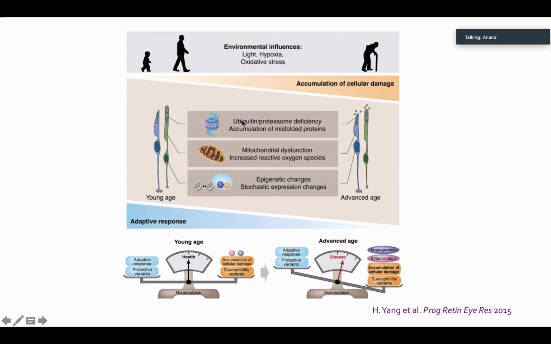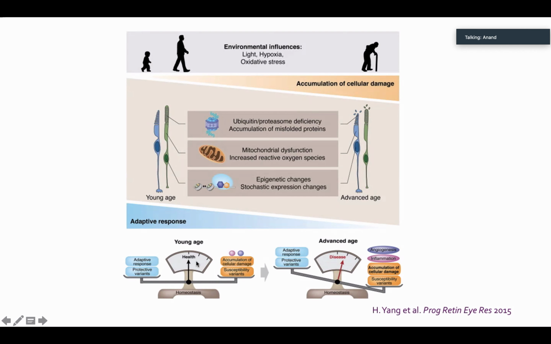And what is happening is that we predicted at that time, based on other works, that mitochondrial change will be one part, another will be proteostasis, a third could be the epigenome, but there could be many, many more changes that may be happening. And the adaptive response is decreasing with age.